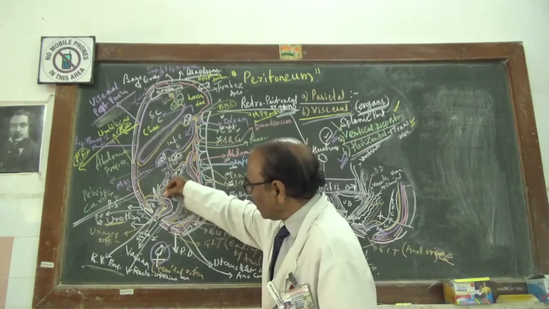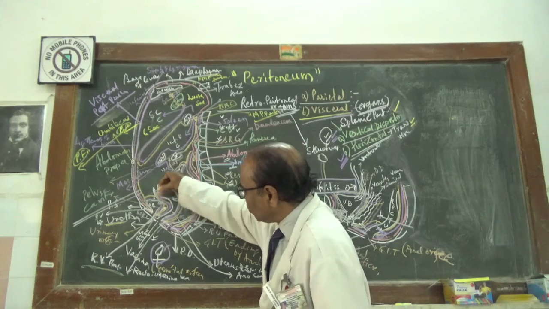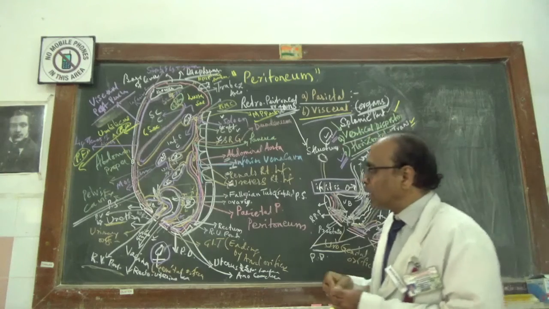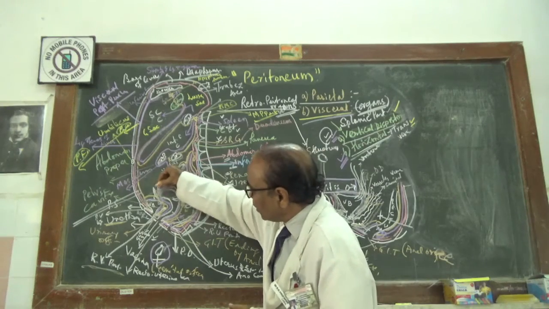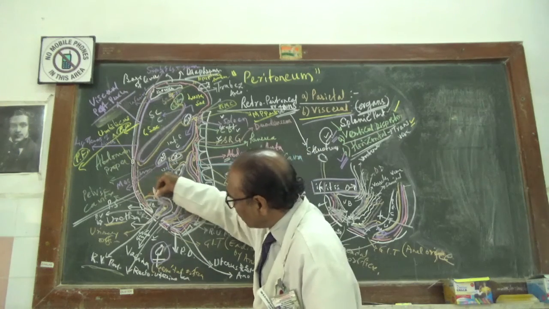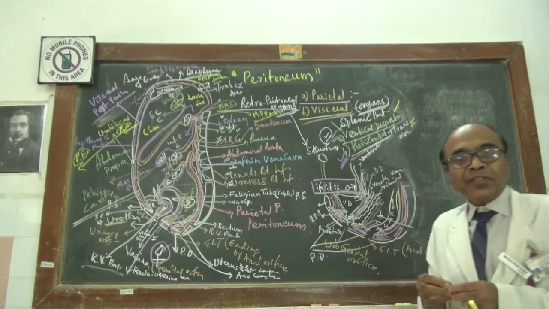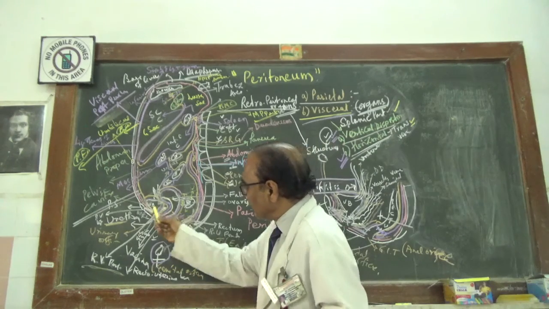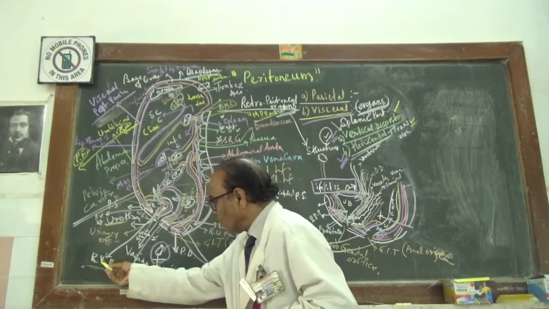After forming that retrovesical pouch, it runs all the way along the posterior surface or base of the urinary bladder, covers the pelvic part of the ureter, and runs over the superior surface of the urinary bladder, where it completes that pouch.